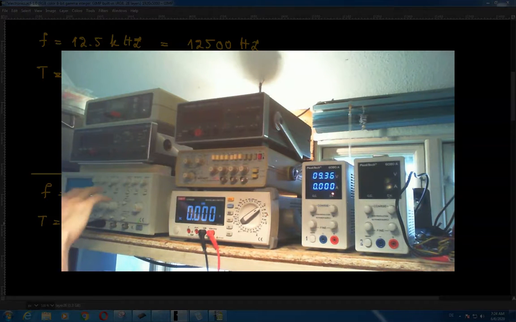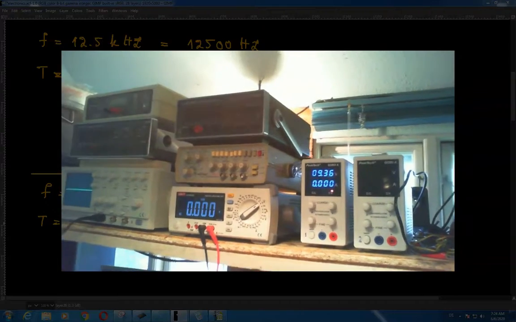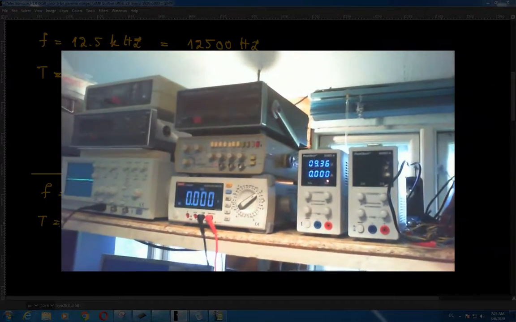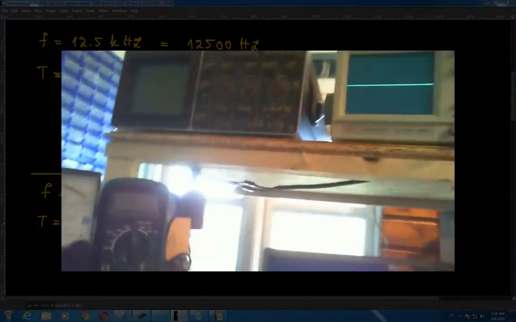Okay, so this is a simple oscilloscope, I think a 20 or 30 megahertz oscilloscope. That's the bandwidth of the oscilloscope.